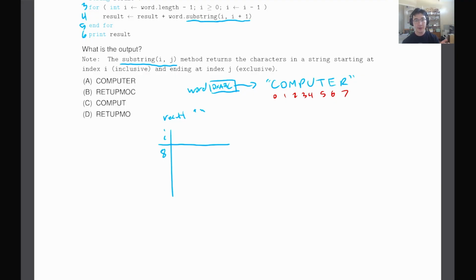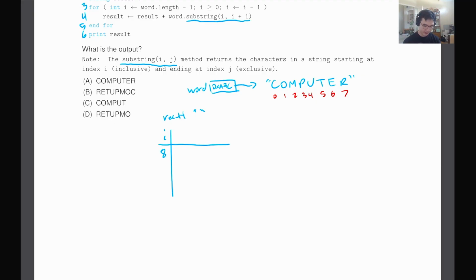But when we count how many letters are in a string, we start with the number 1. But we start counting indices at 0. So C is 1, O is 2, M is 3, 4, P, U, T, E, R. So there are 8 letters there.